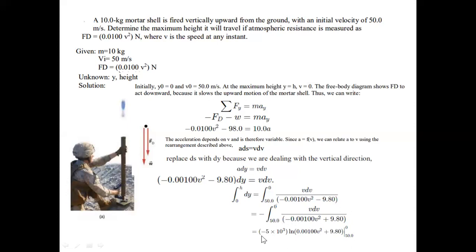So our constant here is negative 5 times 10 raised to 3, times the natural logarithm of 0.001 v squared plus 9.8, with our limits substituted: lower limit 50 meters per second and upper limit 0. This gives us the height h, or y, the maximum height, of 114 meters as our final answer.